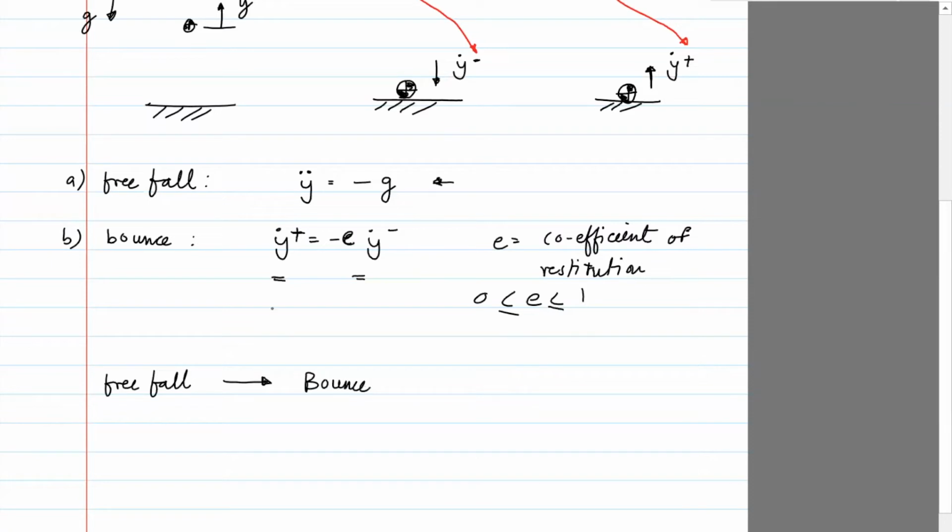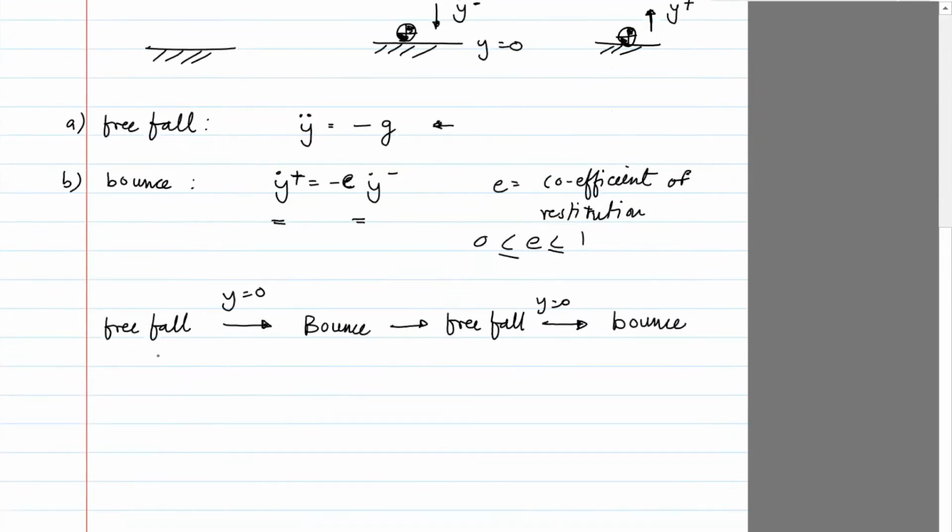In this case, it's when y equals 0, the height of the ground, but it could also be y equals some constant value depending on where the ground is. Once there's a bounce, there's again free fall. Then again with y equals 0, we have a bounce, and so on.